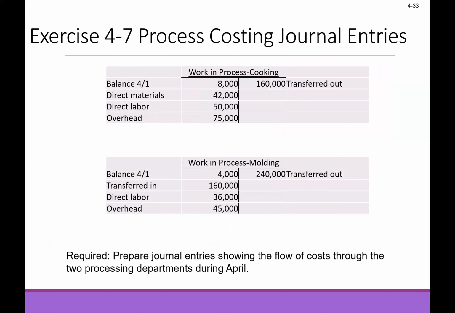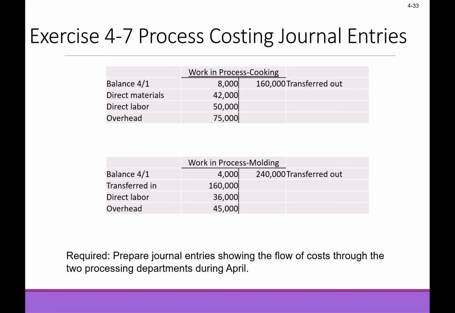So as you see here, work in process cooking, work in process molding. For the cooking, they started the period with $8,000 worth. They added the materials, direct labor, and the overhead.